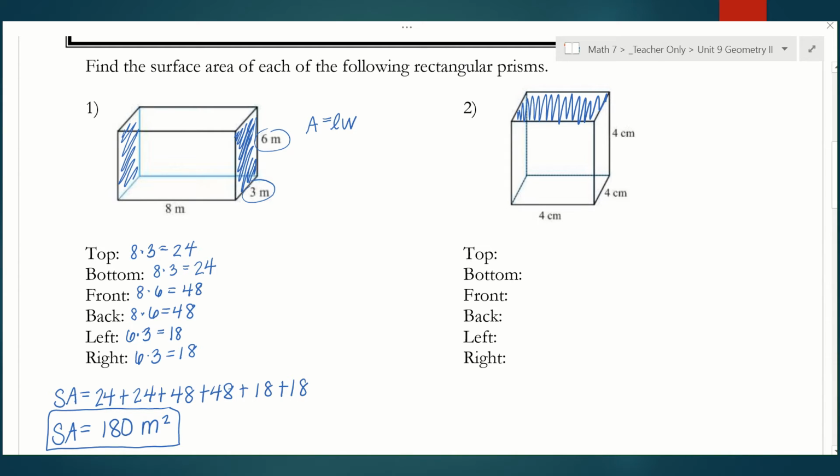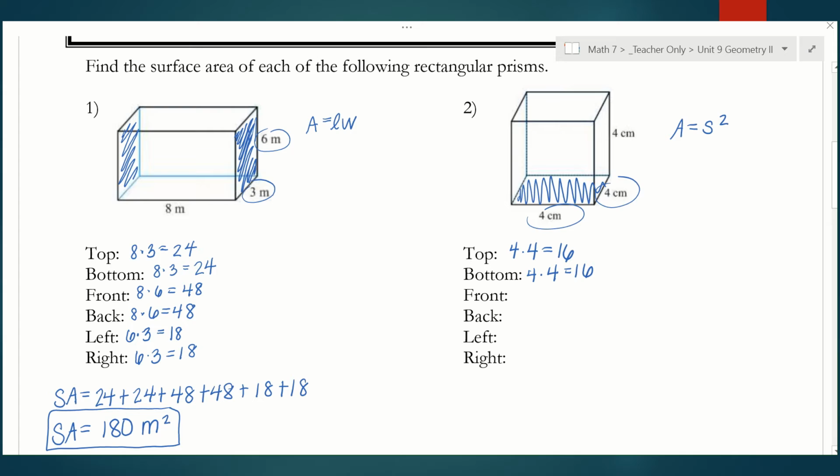I know it doesn't look like it, but it is because we know it's a cube. So the area of a square is side squared. So the area of that top would be 4 by 4 because I know that this is 4 and I know this is 4. 4 times 4 is 16, which is the same as the area of the bottom, also 16.